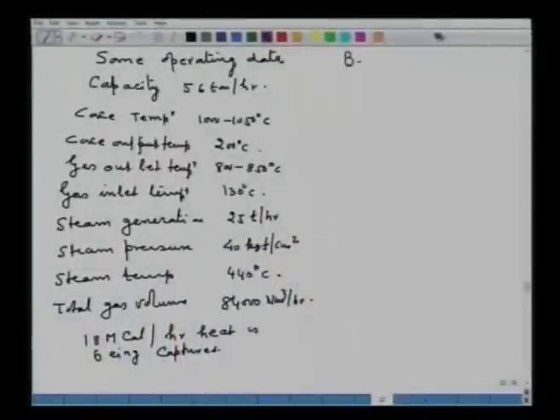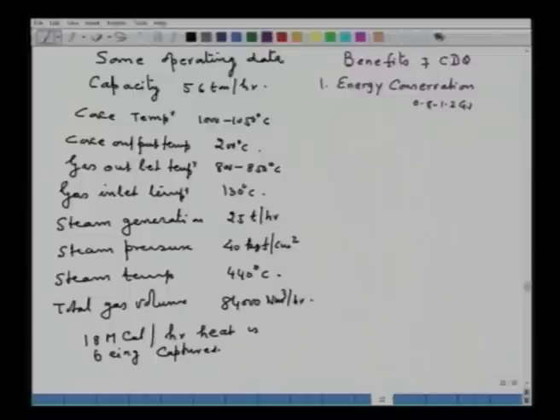Some of the benefits of CDQ, that is coke dry quenching. One is energy conservation, claimed to be of the order of 0.8 to 1.2 gigajoule per ton of coke. Second, a reduction in environment emissions.